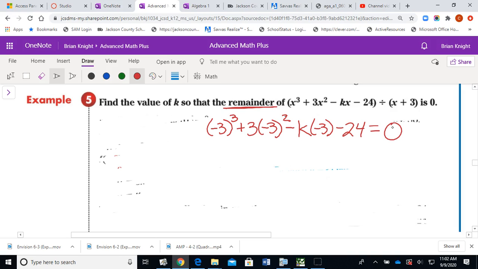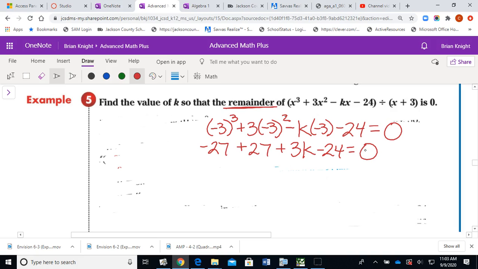And then you simplify and work it out. So what's -3 cubed? -27, and that's happening twice, right? Actually, this is going to be positive 27 plus 3k minus 24 equals 0.